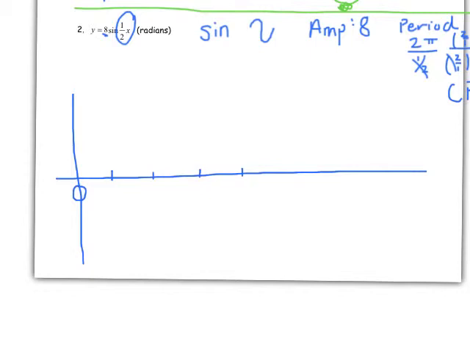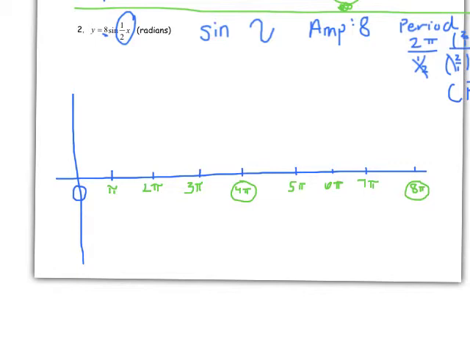This will be the end of our first period, but then we're going to have 1, 2, 3, 4 more critical points. This will be the end of our second period. And each of those critical points is different by pi. So pi, 2 pi, 3 pi, 4 pi, 5 pi, 6 pi, 7 pi, 8 pi.